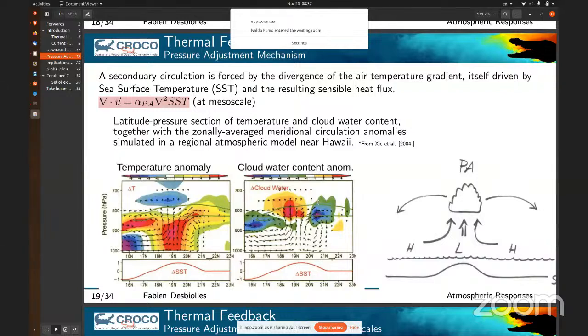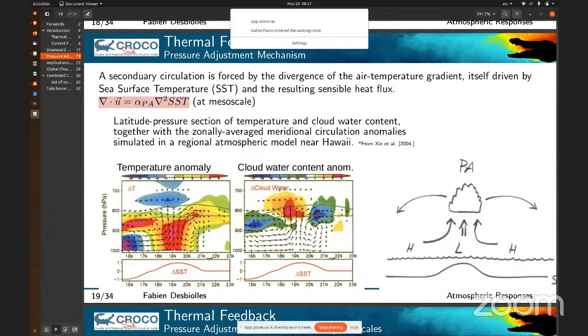On the left we see the temperature anomaly, so greater temperature, which increases the buoyancy and gives this upward movement. On the plot on the right, we see the cloud water content anomaly, and we see that just above the bubble, or within the bubble height, we have creation of a cloud.